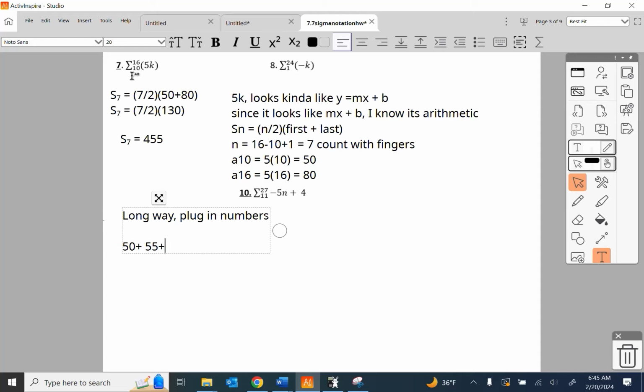The next thing happens when I plug in a 12. 5 times 12 is 60. The next thing when I plug in a 13, 65. Notice it's incrementing by 5s. Then a 70, and then a 75, and then an 80. 10th, 11th, 12th, 13th, 14th, 15th, 16th. Well, that wasn't that long. All depends on how good with numbers you are. Some of y'all be pushing buttons.